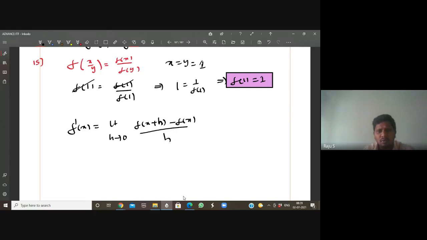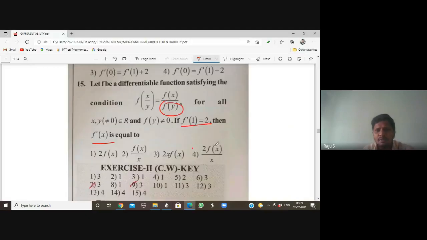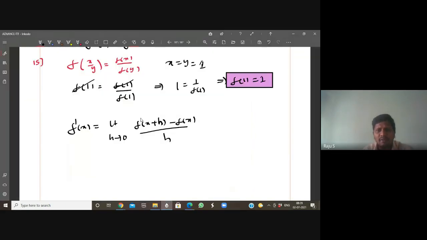Okay, I want to do one thing, because if we observe all the options, f of x will be there. f of x, f of x, f of x. Is it clear? In the given options, f of x is there. How can you get f of x? I want to take f of x common. For that, shall I do like this?